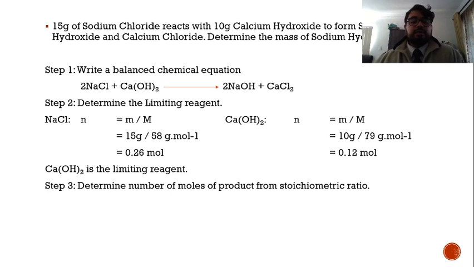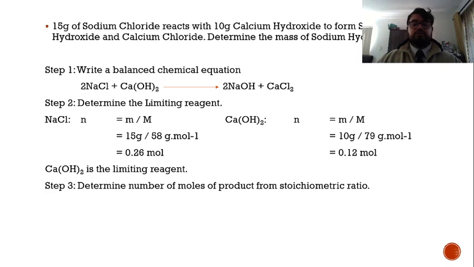Okay, now determine the number of moles of product from the stoichiometric ratio. We have to use the limiting reagent here. We can't say that the number of moles of NaCl is going to equal the number of moles of the product, because we're going to have leftover NaCl.